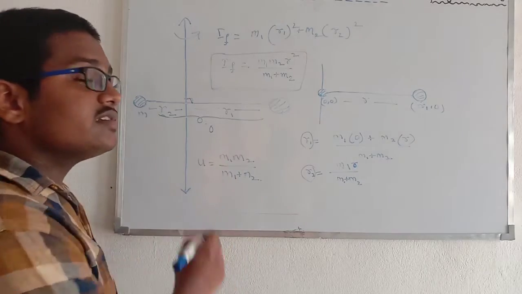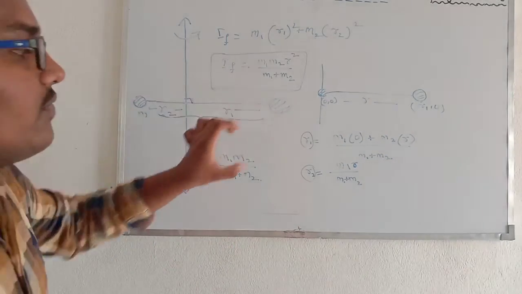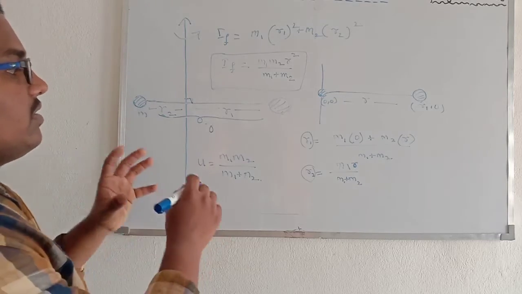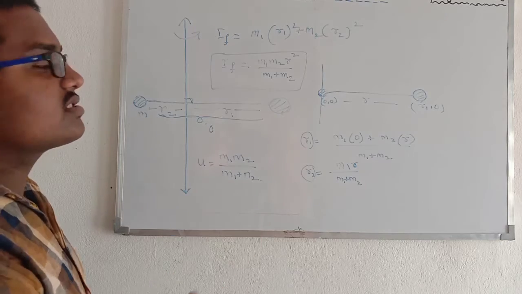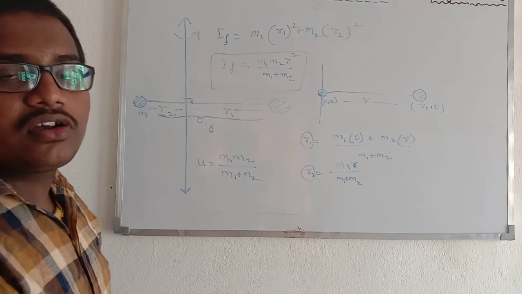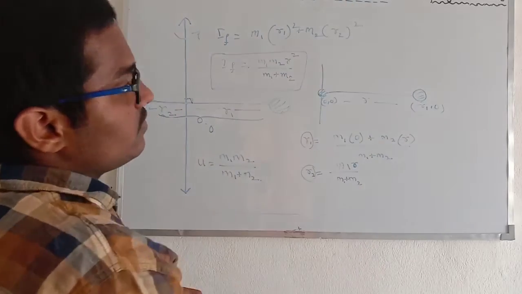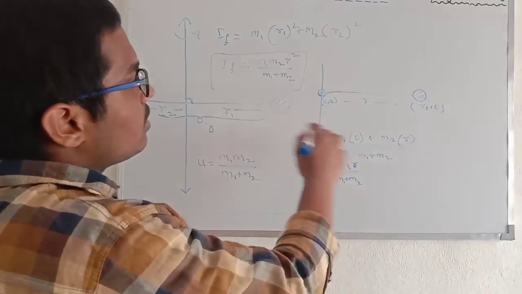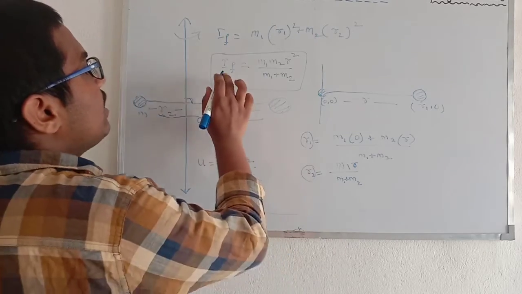This is also called the reduced mass of the system. If they give this type of situation and ask to calculate the moment of inertia, then you have to do all the process which we were doing now, and finally after so many calculations you will get the I final.